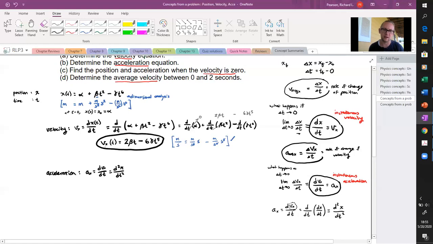Because we've already done the first one, we might as well do it here. So we'll use that v: 2 beta t minus 6 gamma t to the 5th. We're going to take the derivative of that. I'm not going to write it out completely, but you can go through and make sure that you have it down. This is going to be 2 beta minus 30 gamma t to the 4th, equal to our acceleration in the x direction with respect to time.